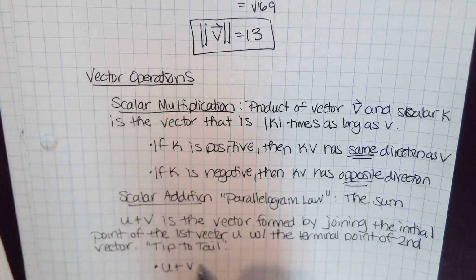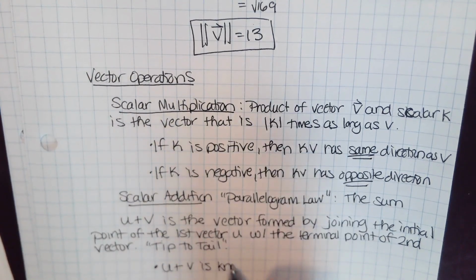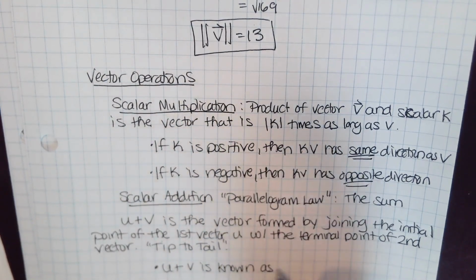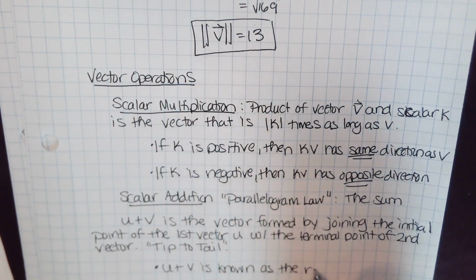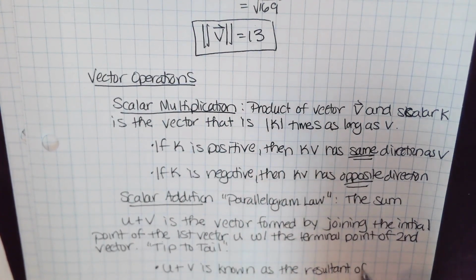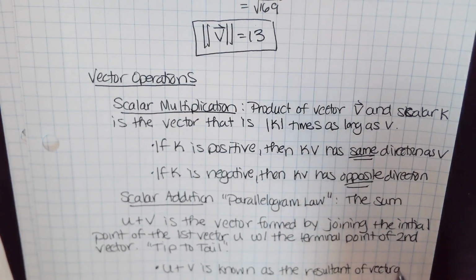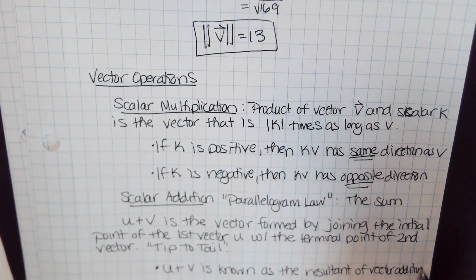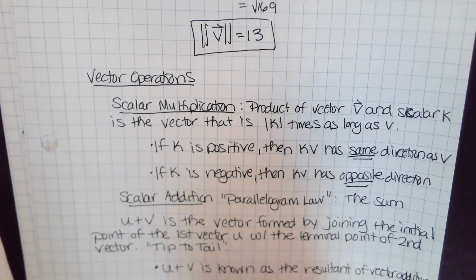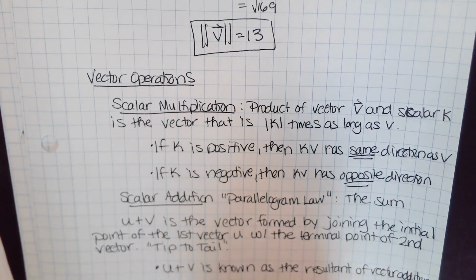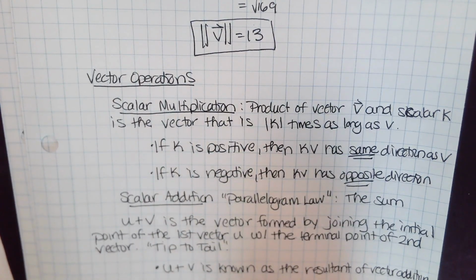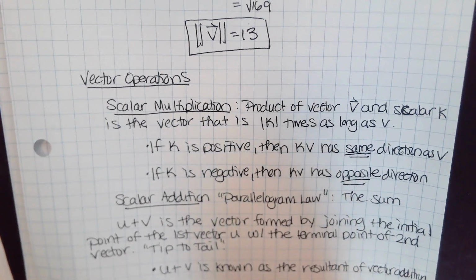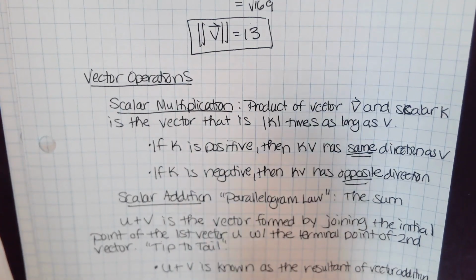And u plus v is known as the resultant of vector addition. So again, if you had vector A and vector B, you would line those up tip to tail.